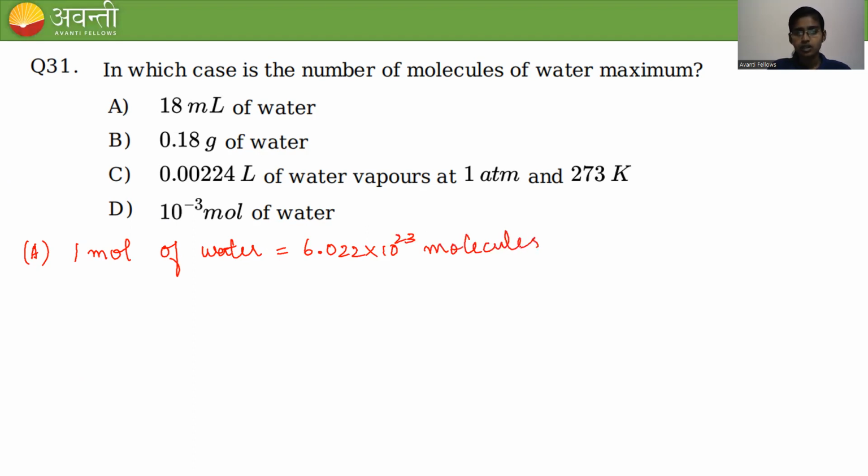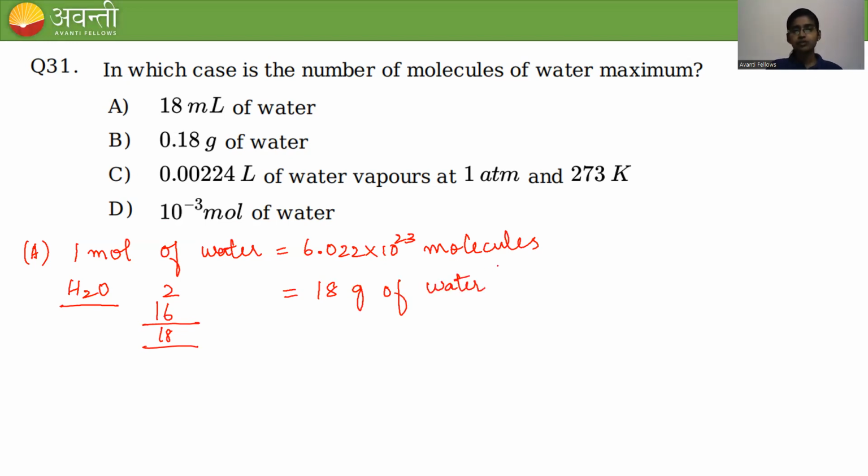So 1 mole of water means, what is the molecular mass of water? For hydrogen it is 2 and for oxygen it is 16. So the total is 18. So 1 mole of water contains 18 gram of water.